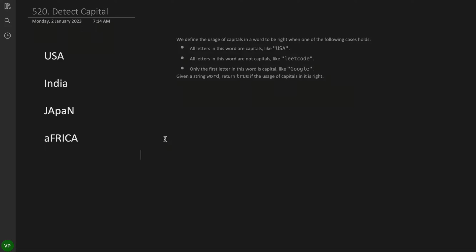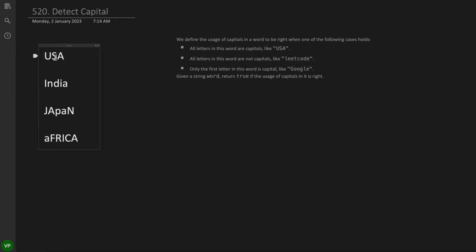So in such problems, we need to write a logic. This is a fairly simple problem to understand, what we need to do and what we are expected to do. Here we can divide any word into two parts: the first letter and the rest of the letters.